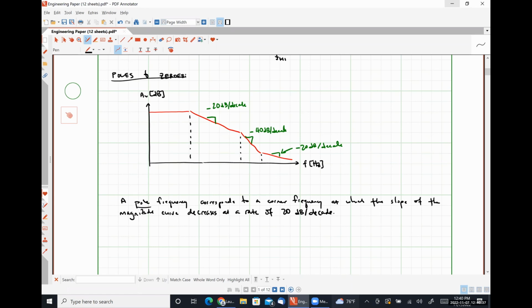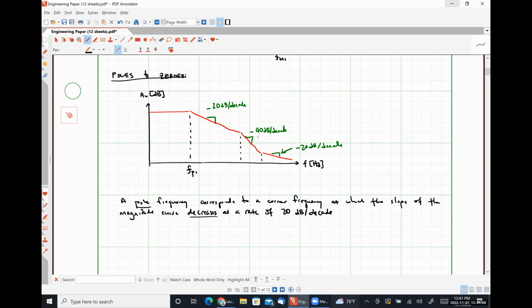So if we look at our graph here, our voltage gain is a constant value until we hit this first break or corner frequency. And then we see that our slope has changed from 0 decibels per decade to minus 20 decibels per decade, which indicates that there was a pole in our transfer function at this location.